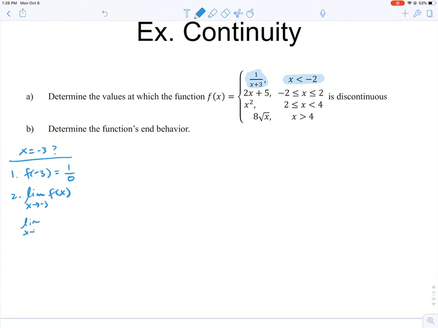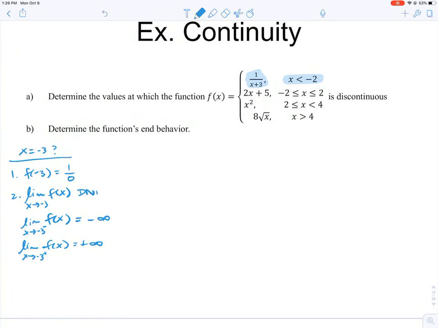And if we take the one-sided limits, right? The one-sided limit as x approaches negative 3 from the left would be negative infinity, and then from the right would be positive infinity.